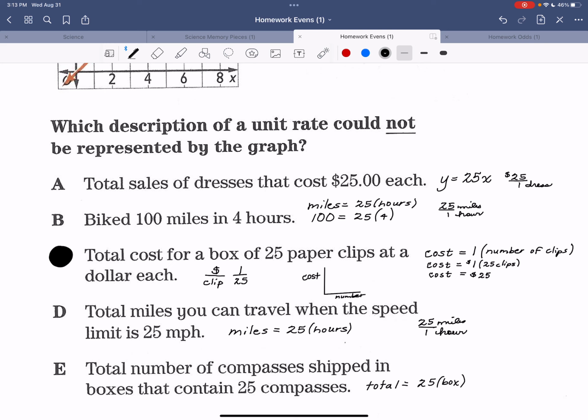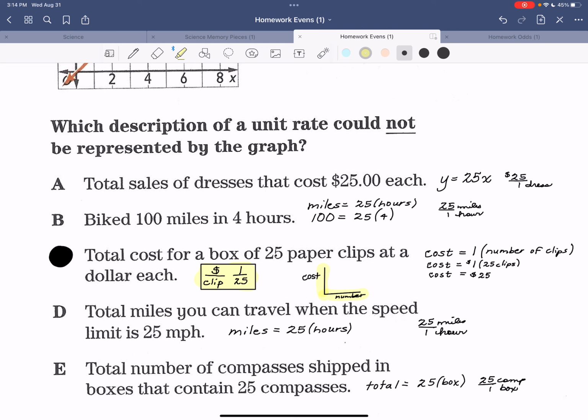And this one would be 25 compasses in a box. So this C has the wrong unit rate. This is saying that each paper clip costs $1. And that doesn't make sense in real life. It also doesn't make sense mathematically. It's not the right relationship between those two.